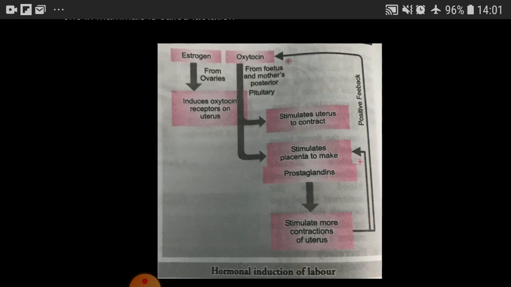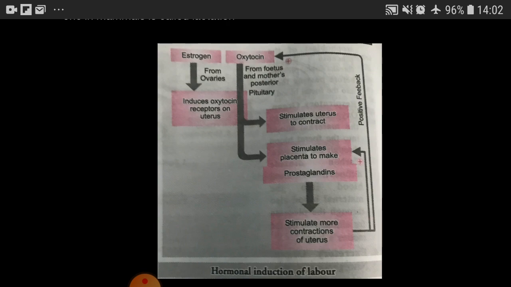So to conclude, I'll tell you that the average duration of human pregnancy is around 9 months, and this time period is known as the gestation period. There are vigorous contractions of the uterus at the end of this period, and they cause the expulsion or delivery of the fetus. This is what I told you is known as parturition. Parturition is induced by a complex neuroendocrine mechanism.